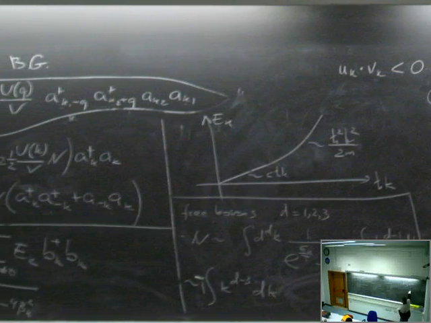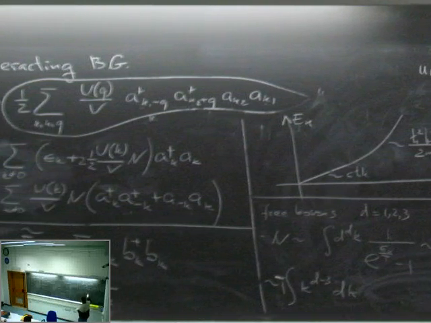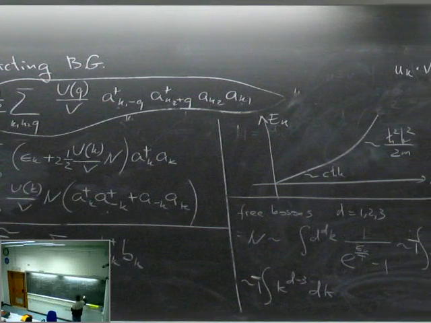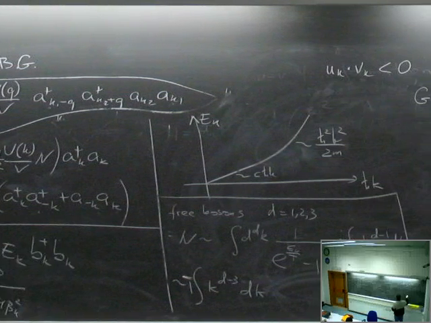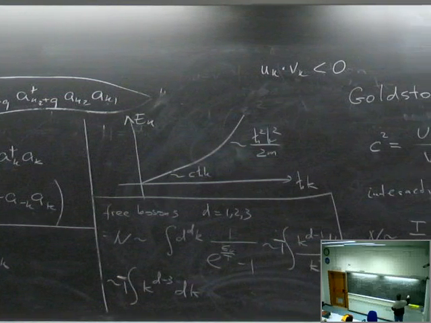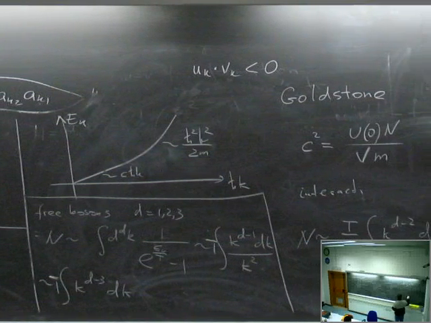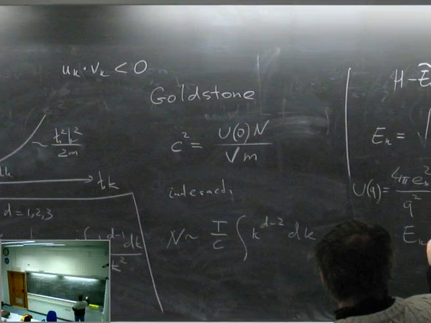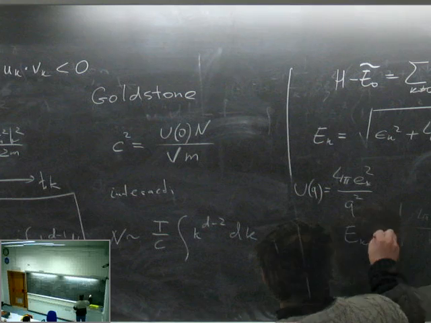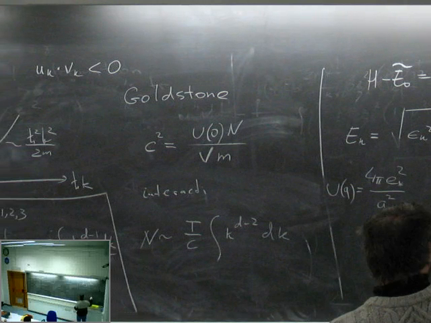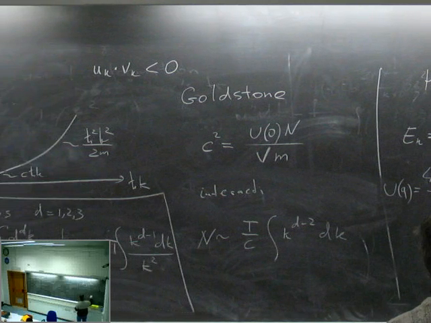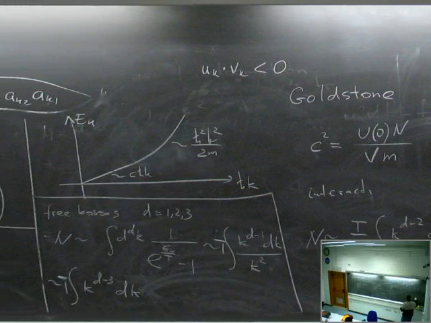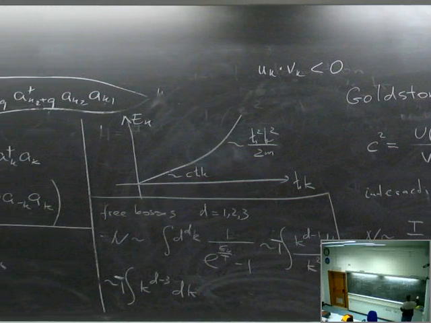If we look at this formula and plug in the interaction, what will we get? Epsilon k is equal to the square root of 4 pi e star squared times density, n over V is the density, over m, times h squared k squared over q squared, plus h squared k squared over 2m squared.